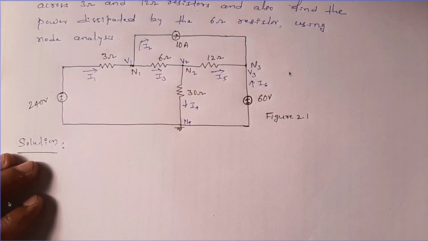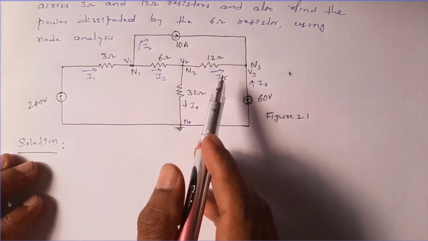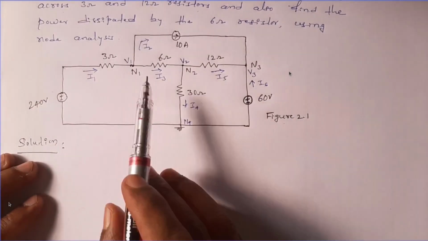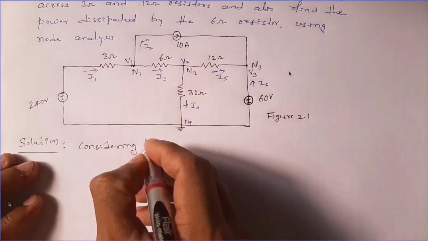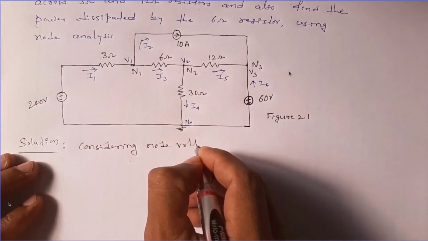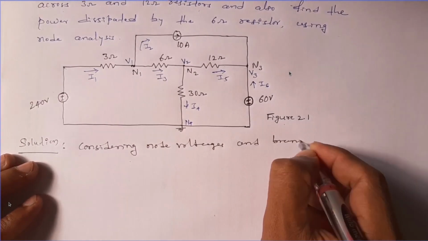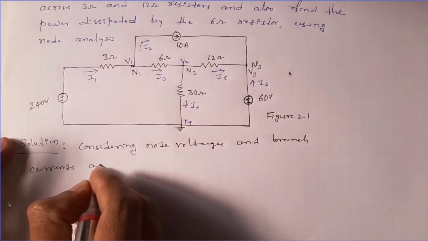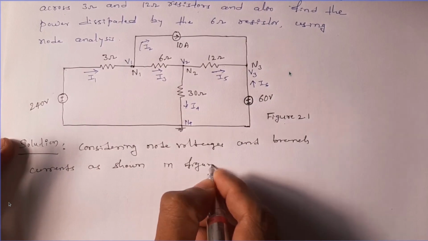Now considering current directions, I am not going to redraw, because I have shown them here itself. Considering node voltages and branch currents as shown in figure 2.1.